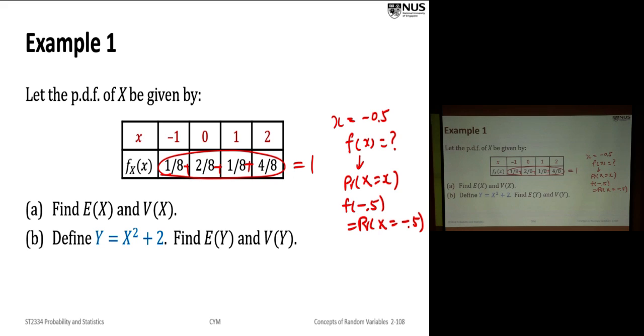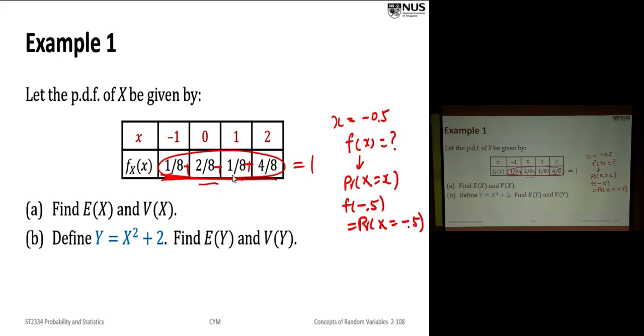All right, so we are asked to find the expectation of x and the variance of x. Without this probability function, if you just take the average of these four numbers, it simply means that you're working with a probability of 1/4 for each f of x. But now it's not 1/4.